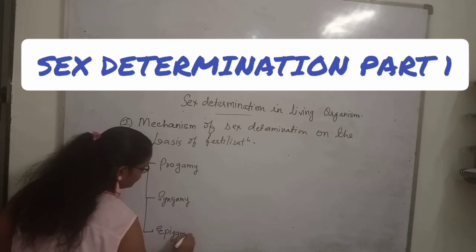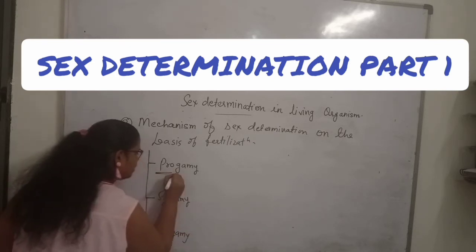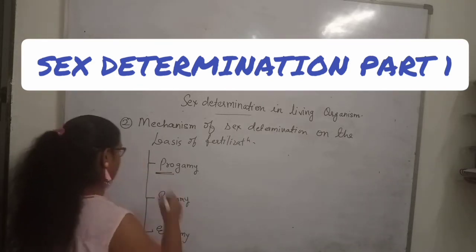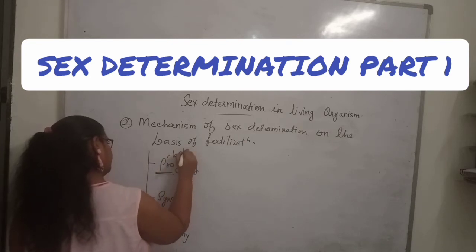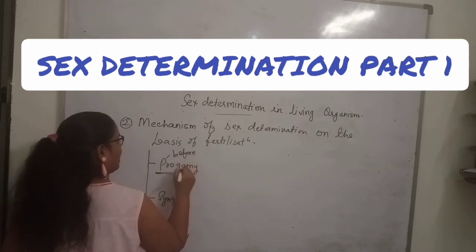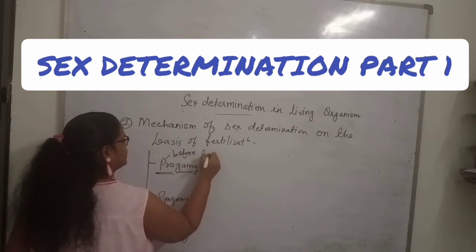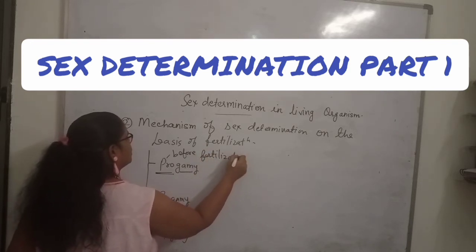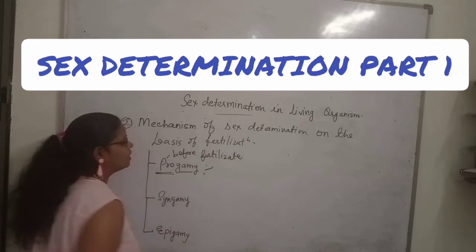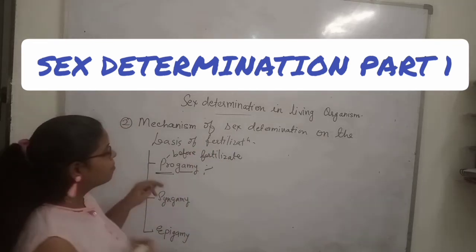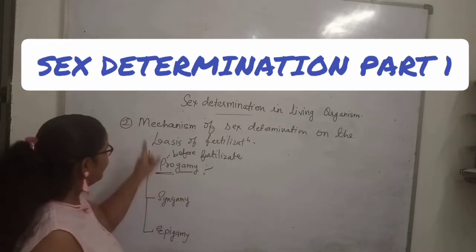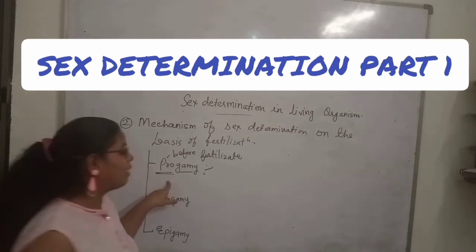Right? What do you mean by the term pro? Pro means before. Gamy means fertilization. So, if the sex of an individual is decided before fertilization, then it is called progamy.